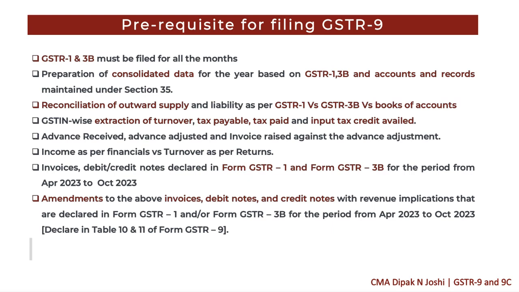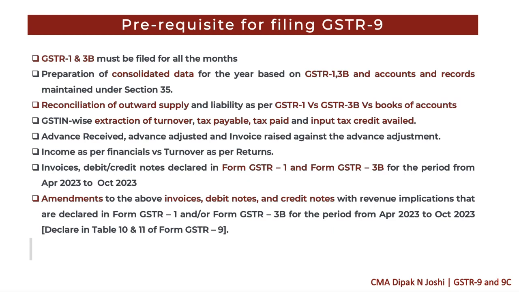In that case, he is paying that liability in 23-24. So the liability declared in GSTR 1 and GSTR 3B will never match with the books of account. But in such a situation, you must be ready with the reconciliation statement, which will provide the exact reason for non-reconciliation of turnover or liability as declared in GSTR 1, 3B and books of accounts.